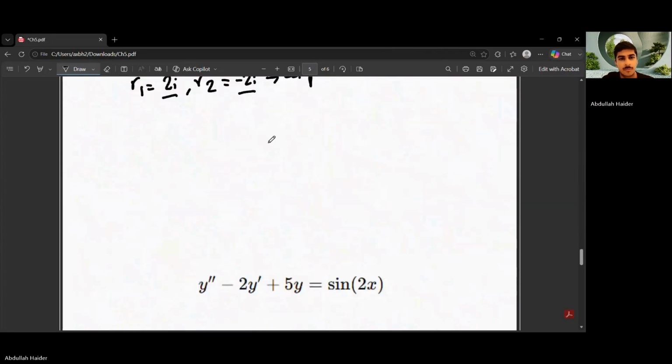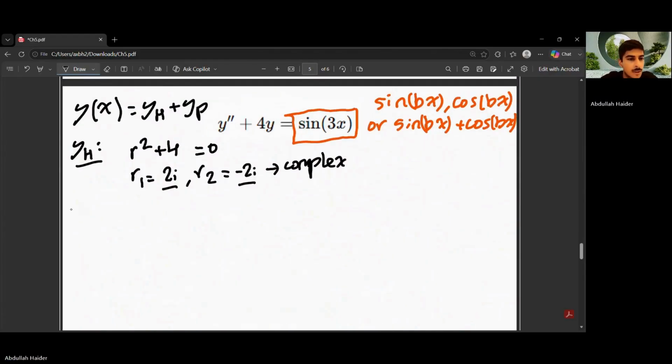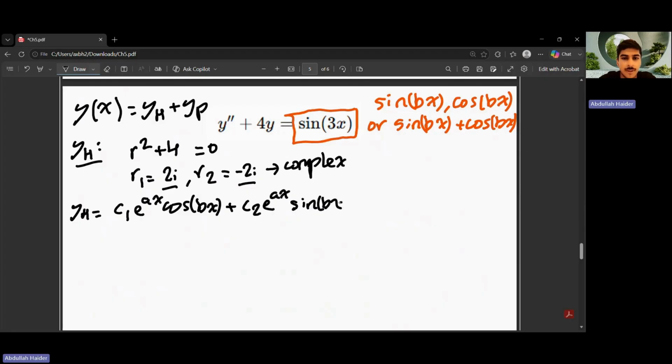So our yh is going to be, I forgot the c1, c1 e power ax cosine bx plus c2 e power ax sine bx.